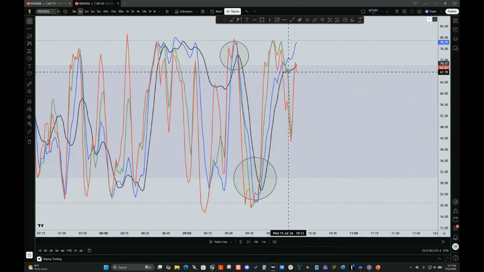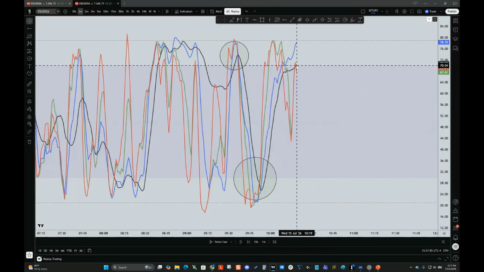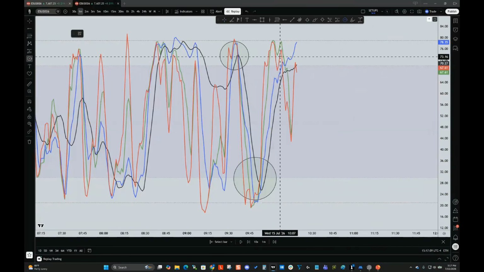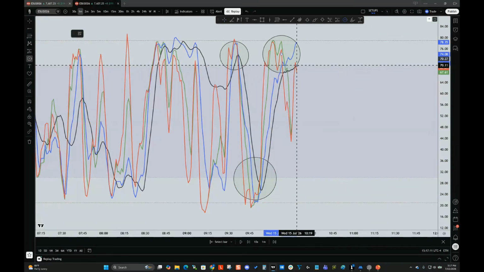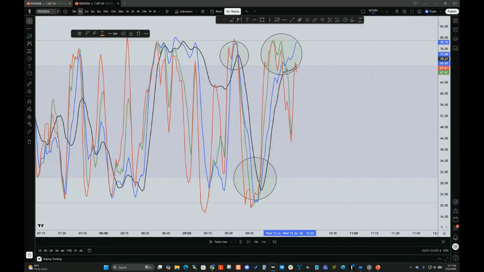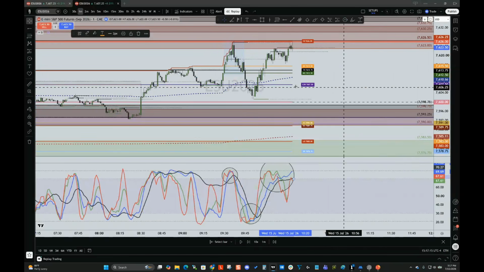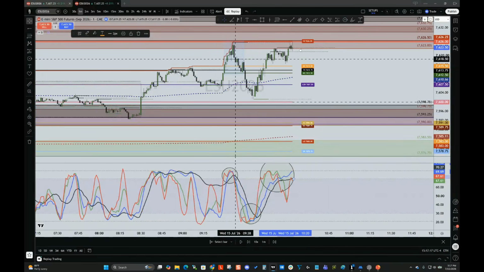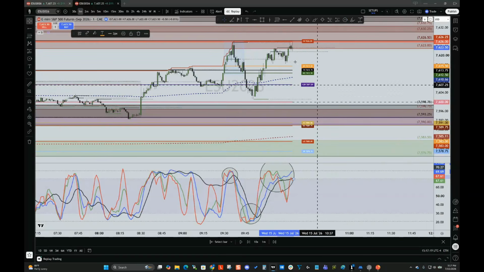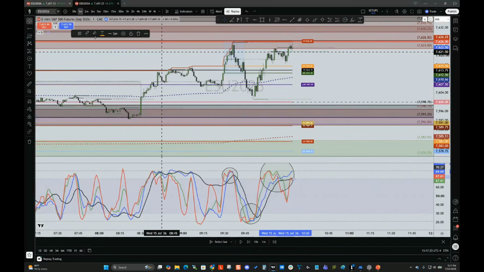In fact, the black line just now got above the threshold. So this is a, say, grade B setup, but considering the fact that we are range bound and that we just tested the high of the range, I will take a short here.